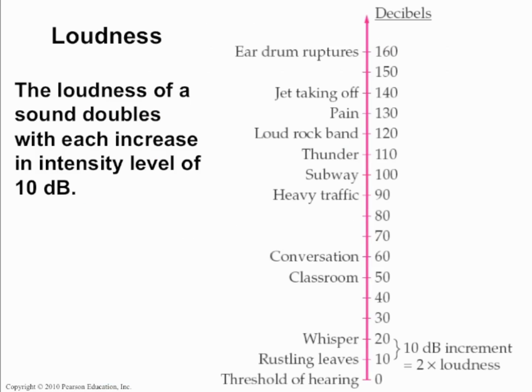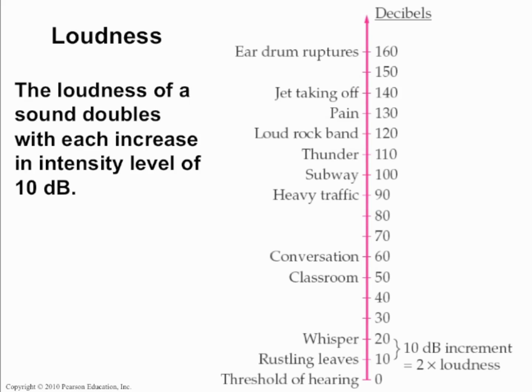This is a little chart that shows loudness in terms of decibels. Now, if we are looking, for example, at heavy traffic versus the passing of a subway, so 90 or 100, well, on the decibel scale, which is logarithmic, that's a difference of 10 decibels, but that actually means that the subway passing by is twice as loud.